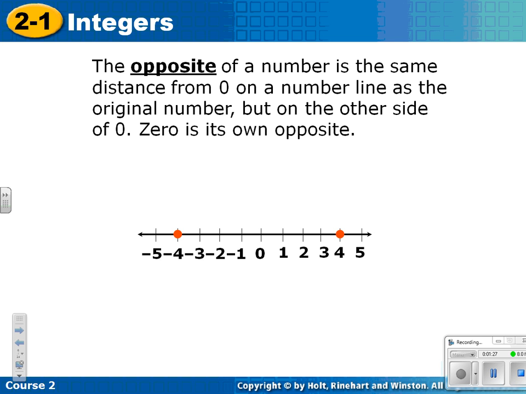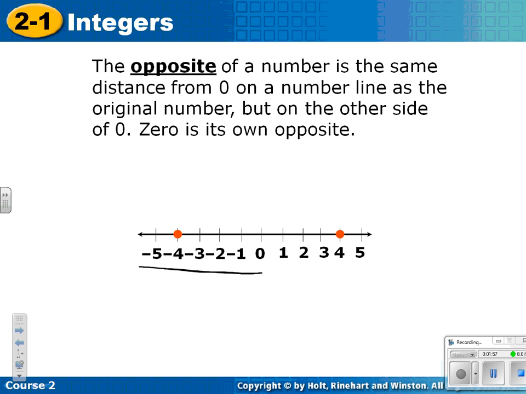Now, as you move to the right, the numbers have a larger value. Do you understand that? As you move to the right, they have a larger value. Just like even here, on this side of 0, from here to here, as you move to the right, the numbers have a greater value.